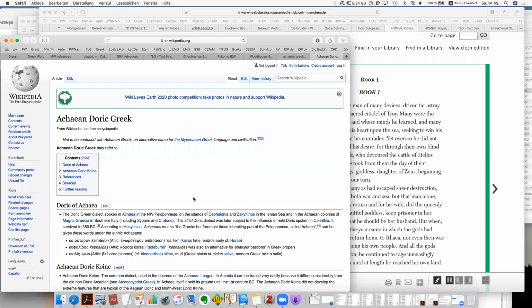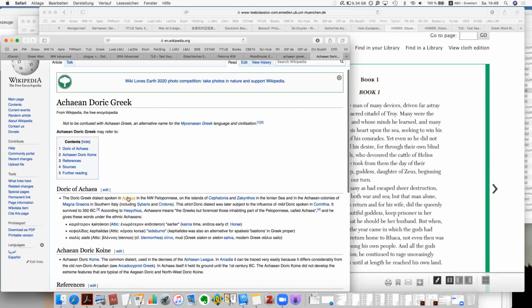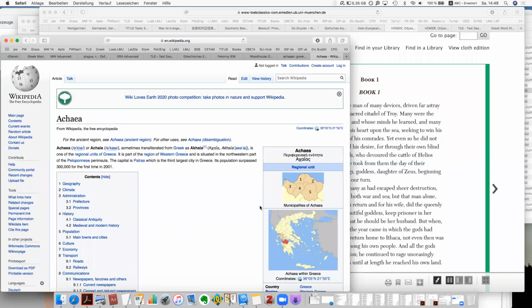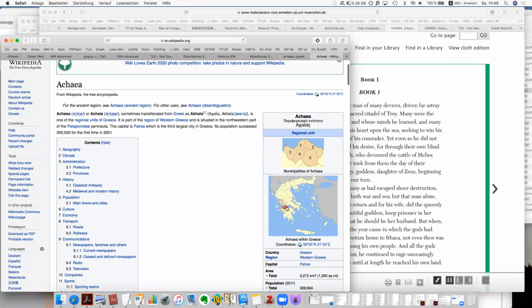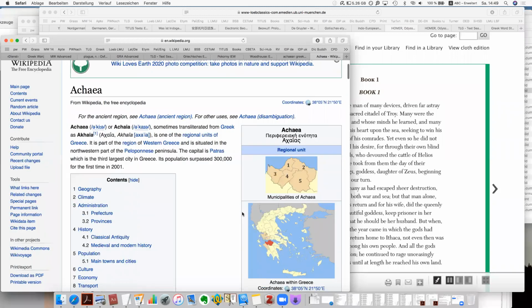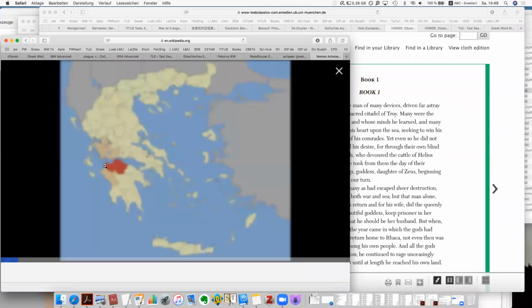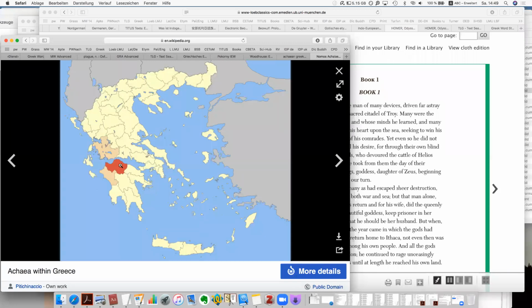And it is actually Achaean Greek. I should put Achaia. It's actually here, Achaean. Make it bigger. So it is actually this part of Greece.